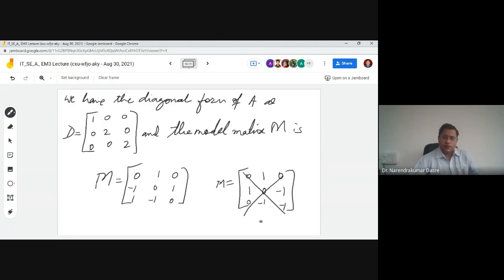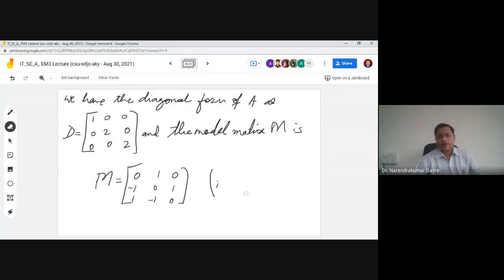Though the eigenvalues and eigenvectors are going to be same, this is not in order, and that's why this cannot be considered. So we have to be very careful while writing the eigenvalues and eigenvectors in matrix M and D. Whatever order we use in D, the same order should be followed in matrix M.